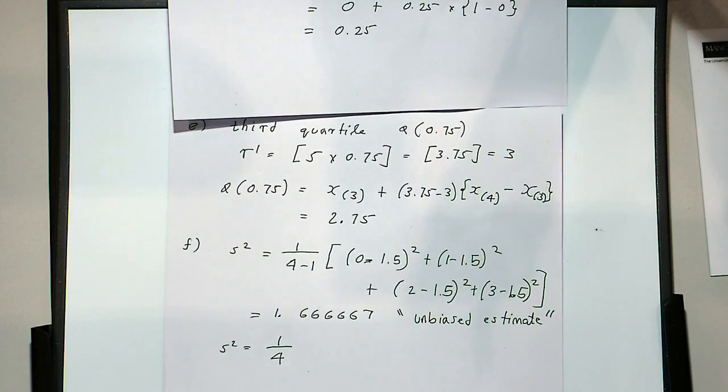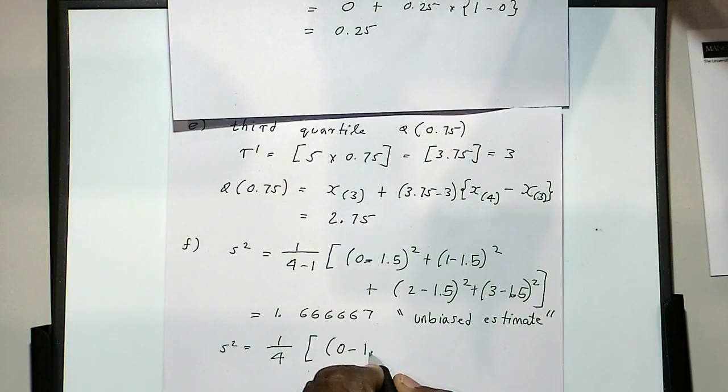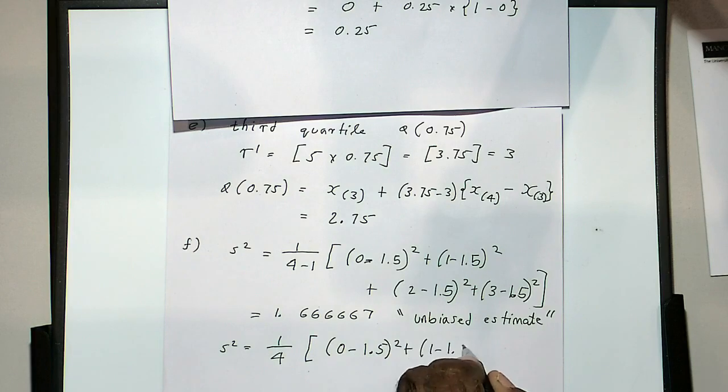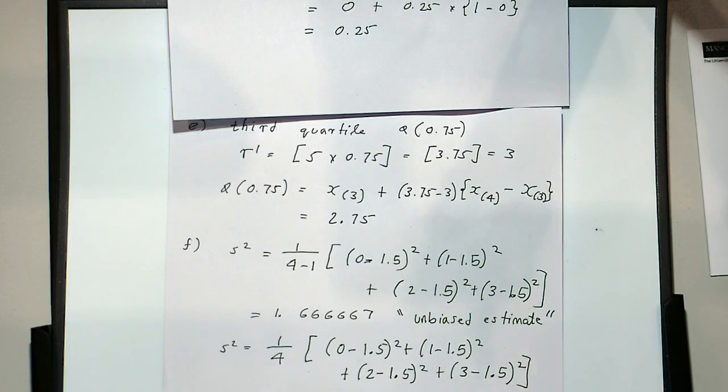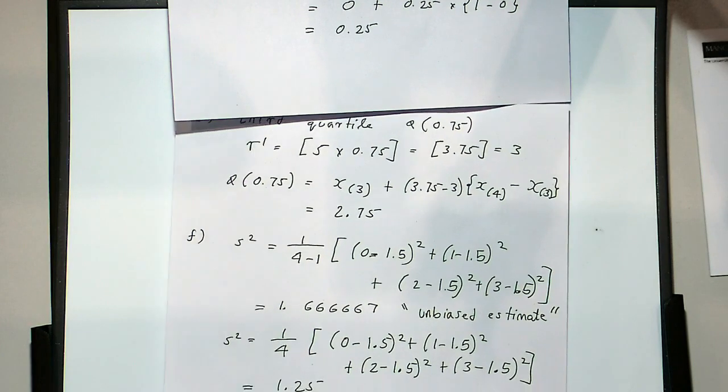If you use the biased version, which is the equation in the very top of this, right, you will get this, and if you work this out, this will be equal to 1.25.